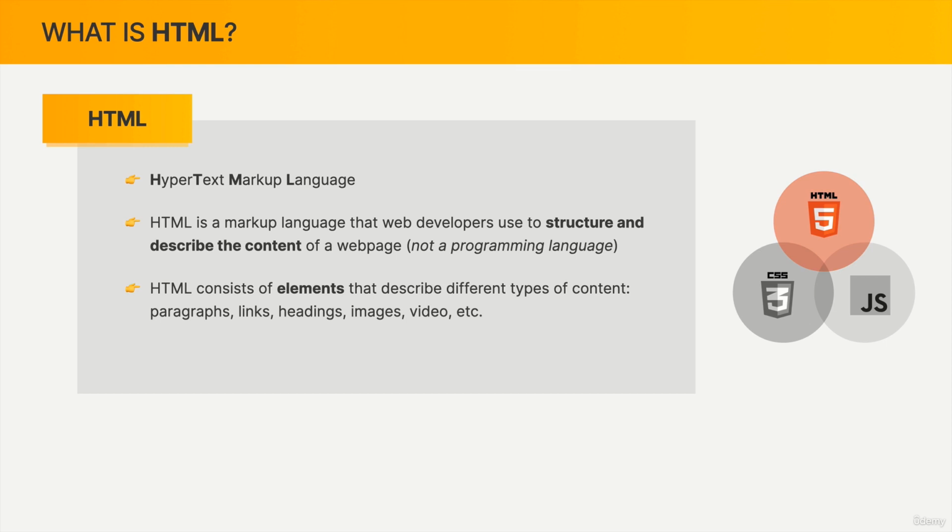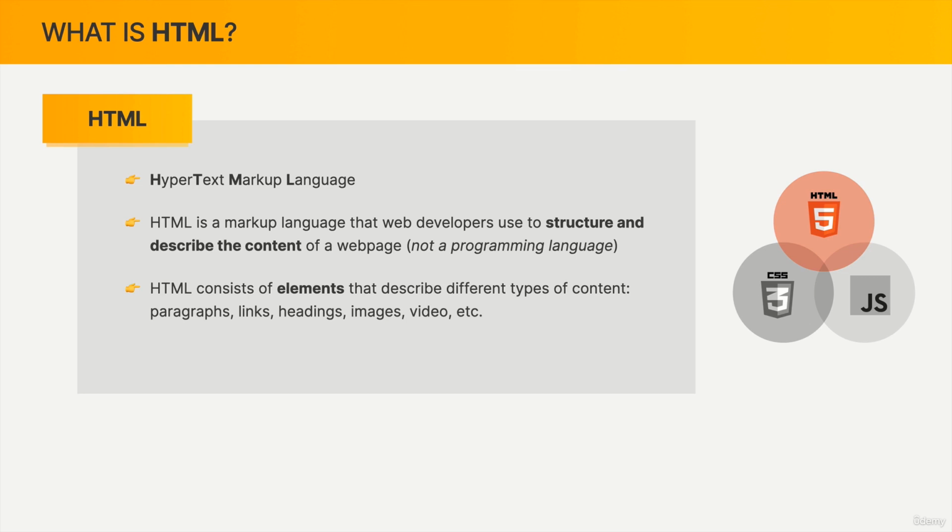We used the P element there to create a paragraph. But we really have all kinds of different elements, to create links, page headings, images, video, and a lot more, as you will learn throughout this section and basically throughout the entire course.